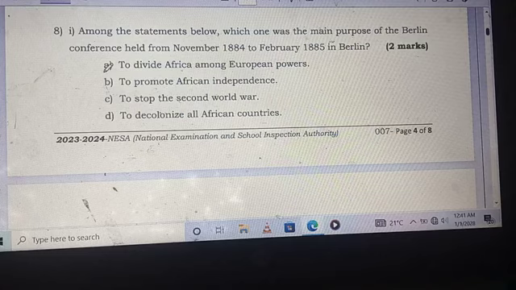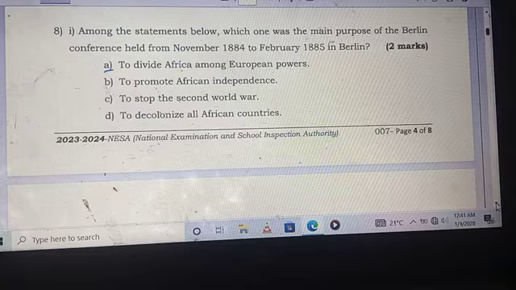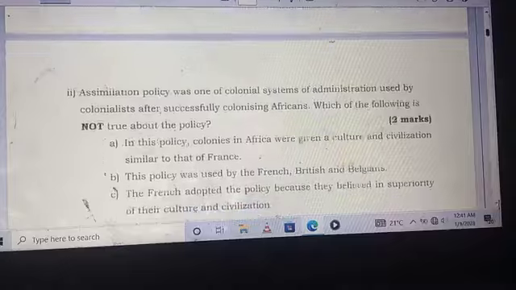The best option is letter A, to divide Africa among European powers. European countries met in Berlin to share African territories. Let's continue to the next question.